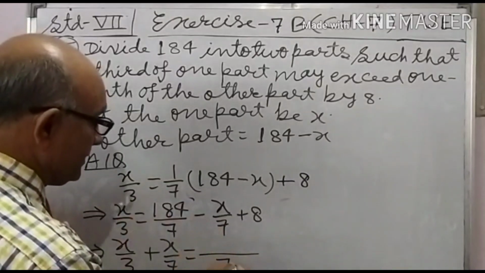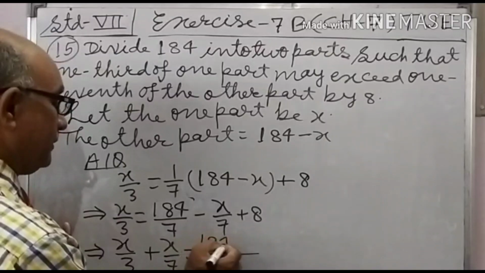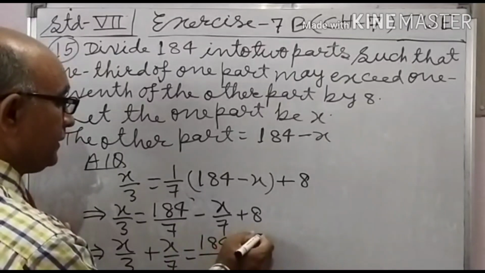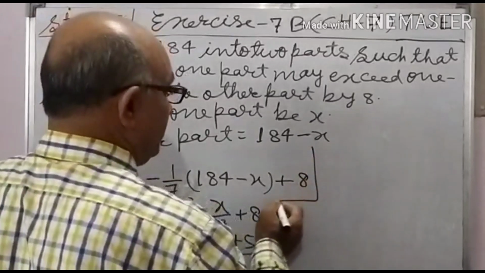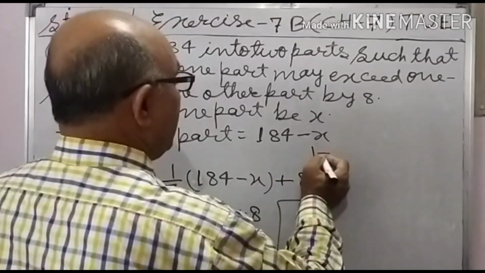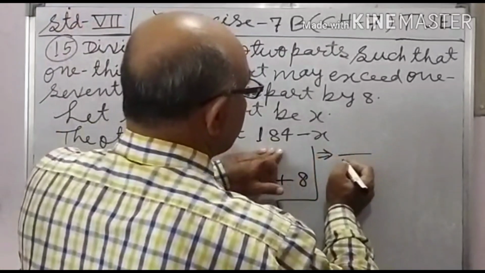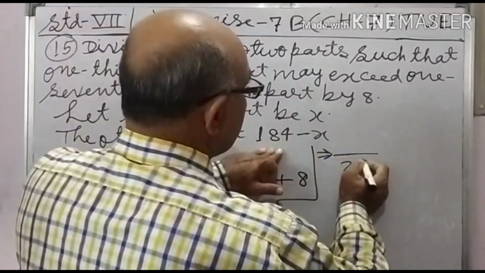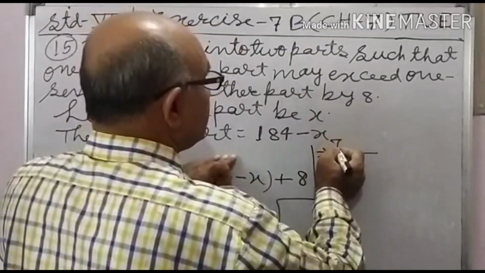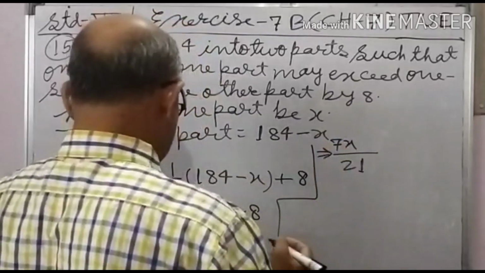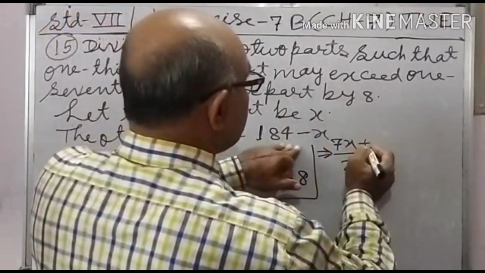So taking LCM, it is 7. 184 plus 8 times 7 is 56. Now solve it. Here taking the LCM of 3 and 7 is 21. 3 times 7 is 21, so 7x plus 7 times 3 is 21, so 3x.